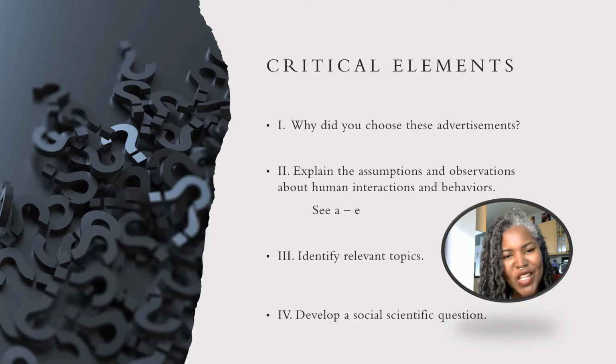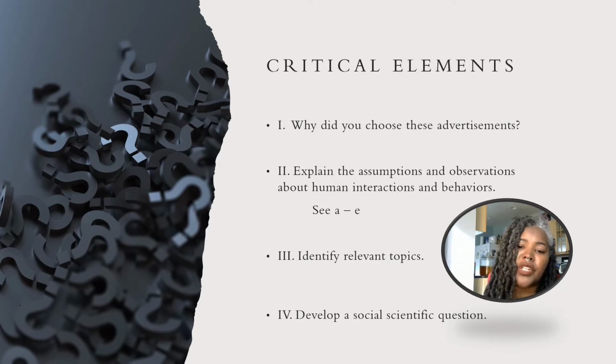Critical elements. So I'm just going to go over briefly the 5 sections that you're going to have in your paper. Now, you can find out more about this by looking at the Observational Journal Guidelines and Rubric. Remember, we talked about those supporting documents on the previous slide. So in the first section, you're going to tell me why you chose these advertisements.